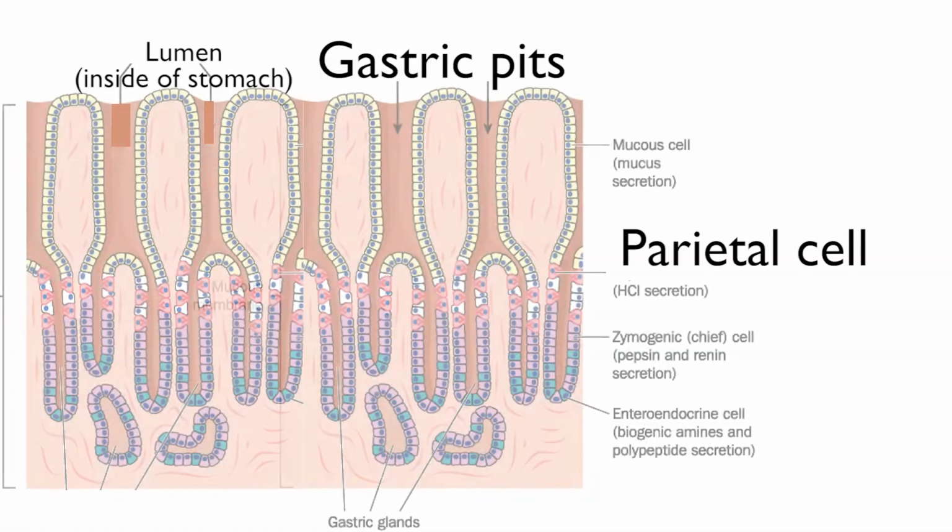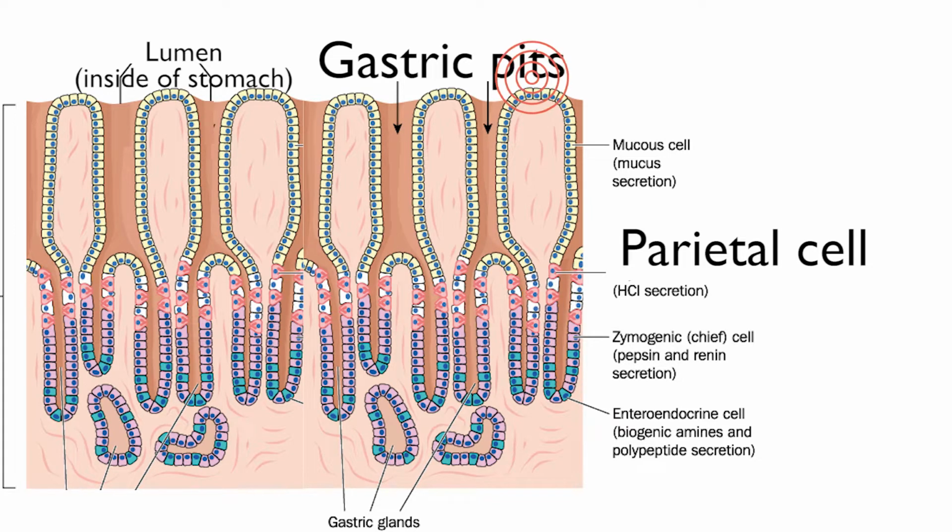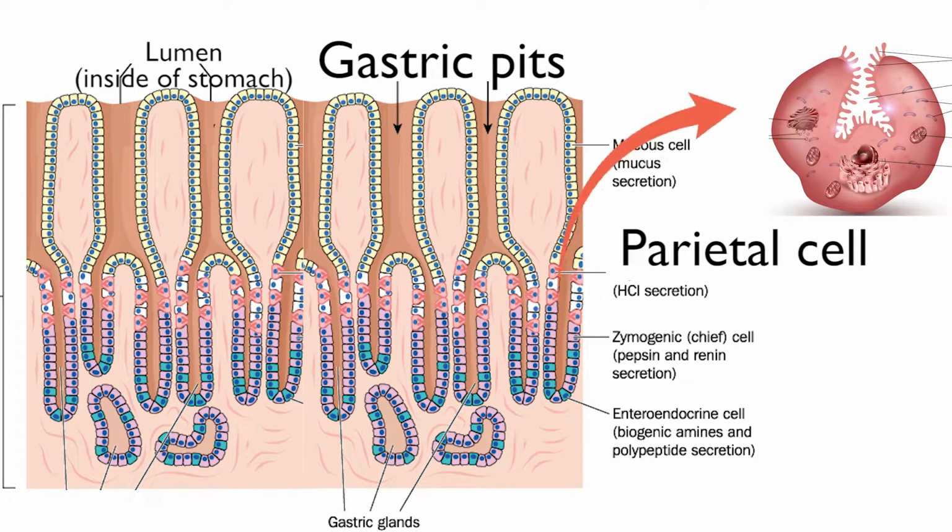If you zoomed into the stomach wall, you'd find that the stomach has gastric pits, and that those pits are composed of several different types of cells. One of the types of cells is the parietal cell, which are depicted right here. Taking an even closer look at the parietal cell, it would look like this.